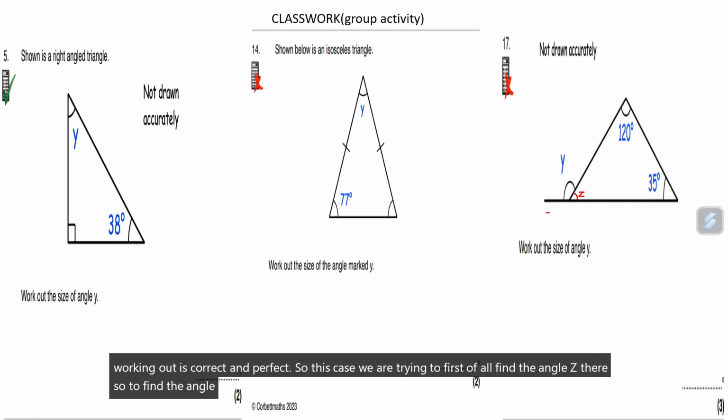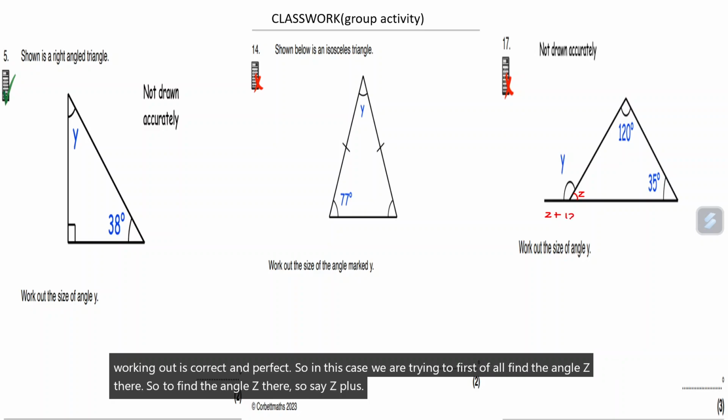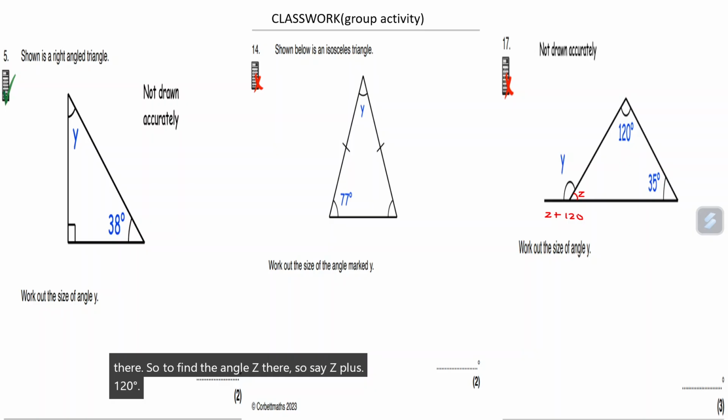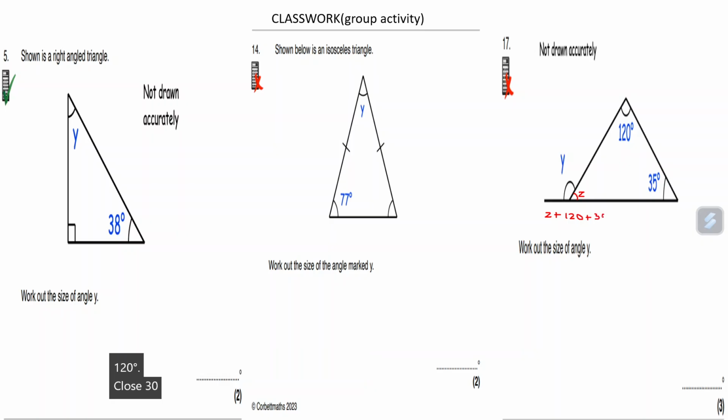So we'll say Z plus 120 degrees plus 35 is equal to 180. The question is, why 180? You put the reason.